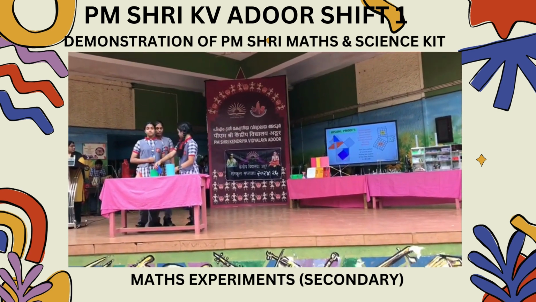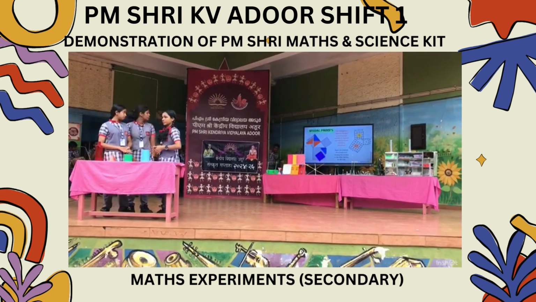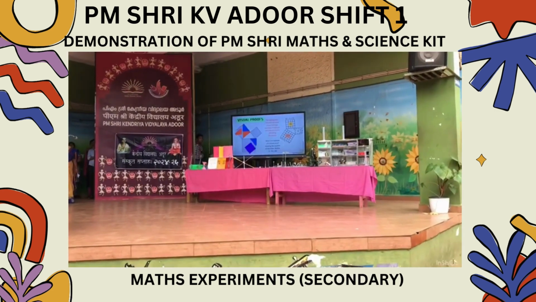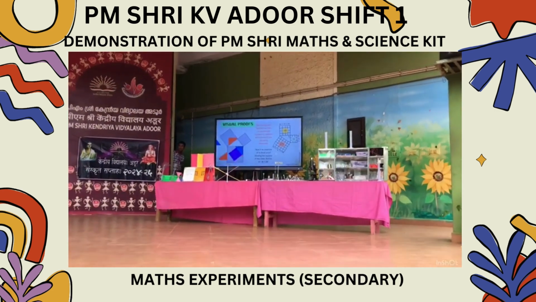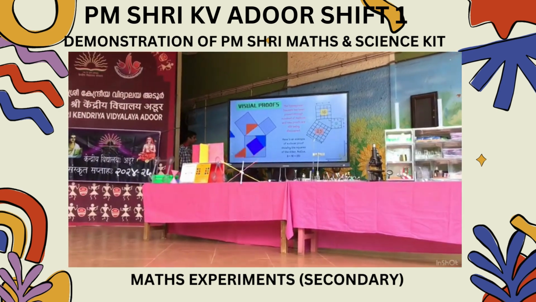Now children, in the interaction board you can see the demonstration of Pythagoras theorem, and you all know that the square of base plus square of height is equal to square of hypotenuse.